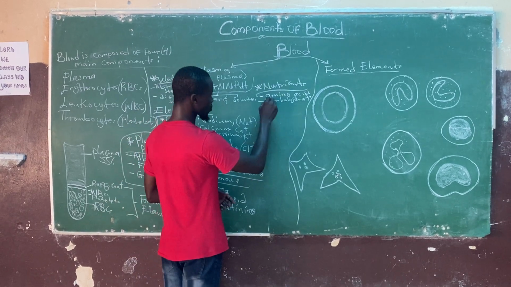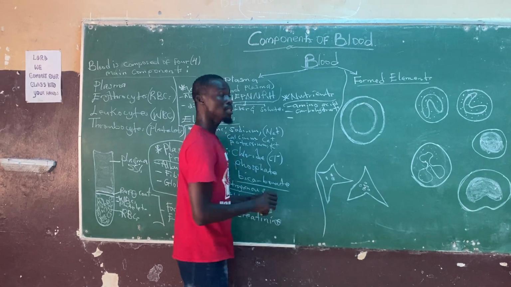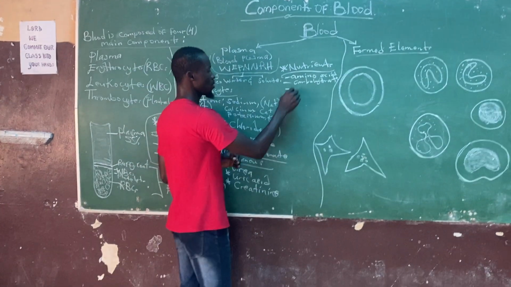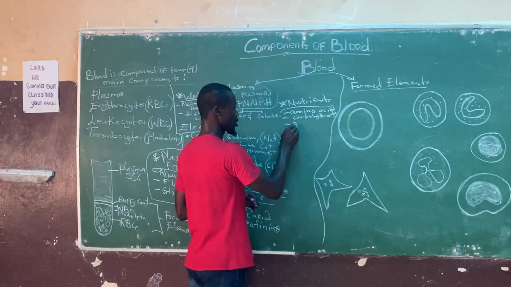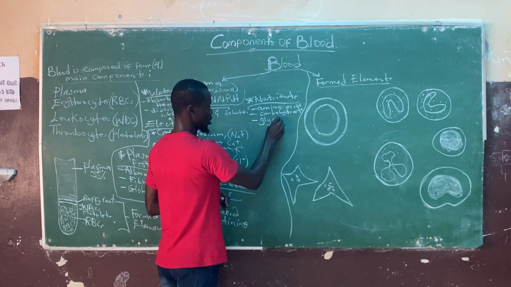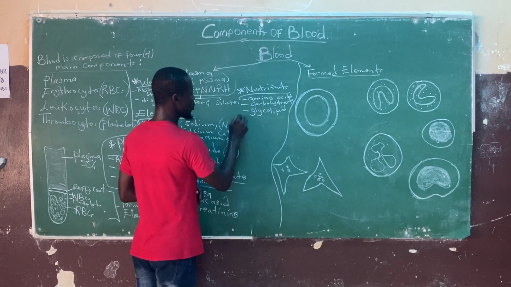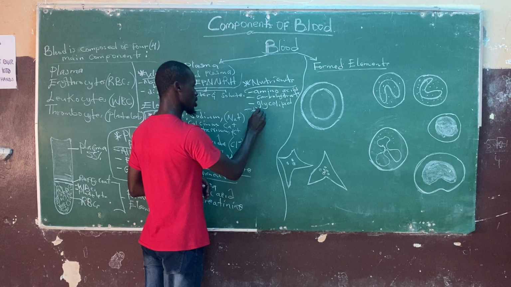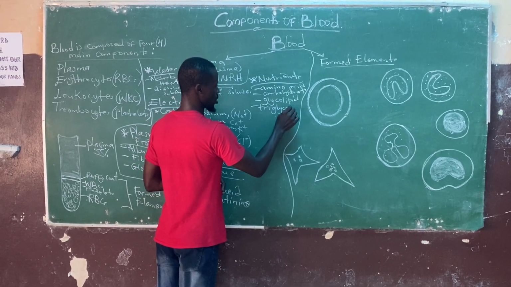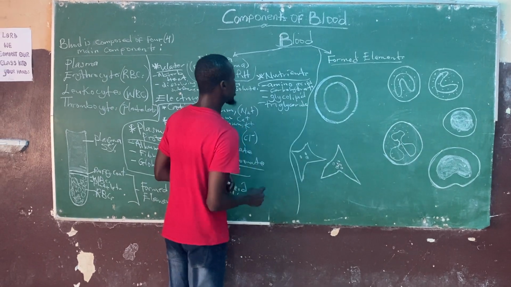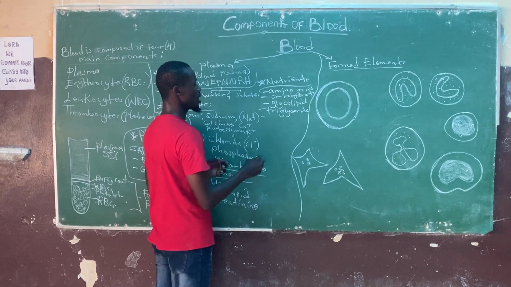And so we have lipids. The lipids can appear in the form of glycolipid, triglyceride, and we also have some organic nutrients like cholesterol.